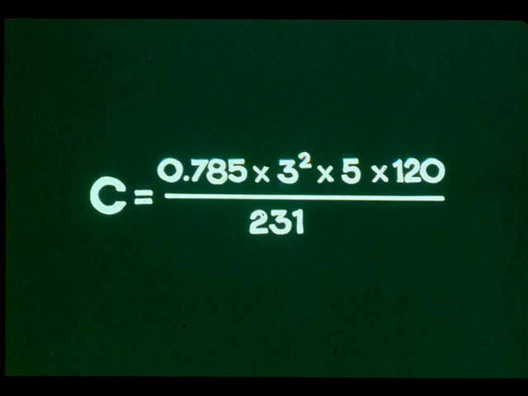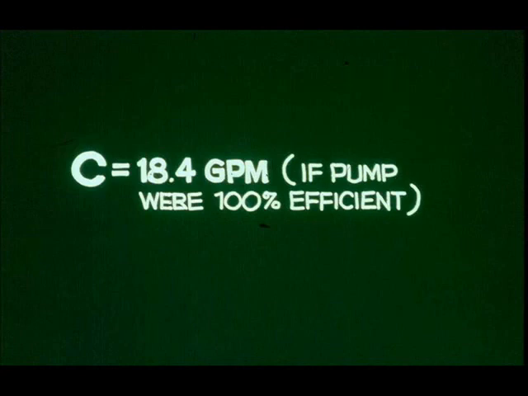Substituting numbers in the formula, C equals 0.785 times 3 squared times 5 times 120 over 231. C equals 18.4 gallons per minute. This is a close approximation to the pump's capacity if it were 100% efficient.